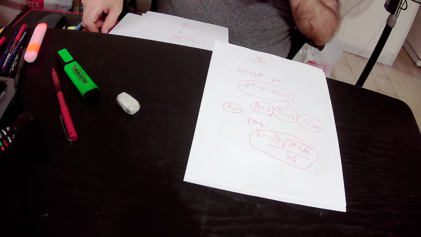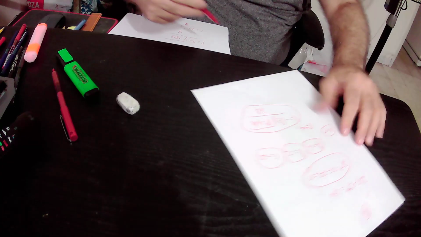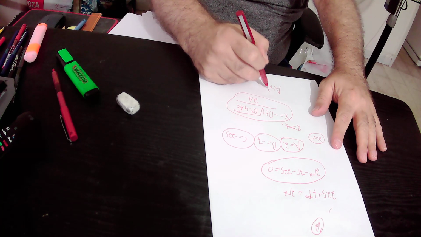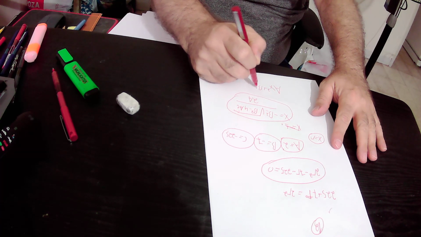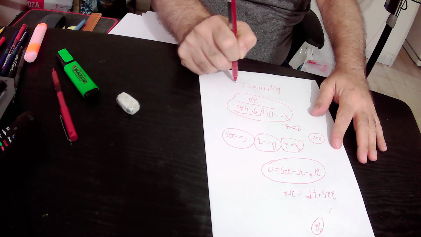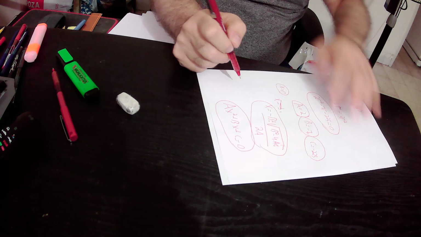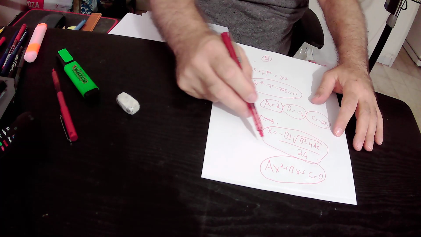So actually, if we have the general quadratic equation that states ax squared plus bx plus c equals 0, then this is the general formula for a quadratic equation.